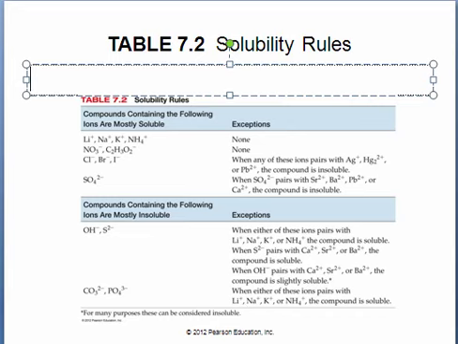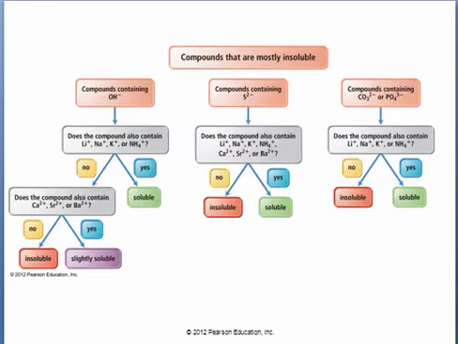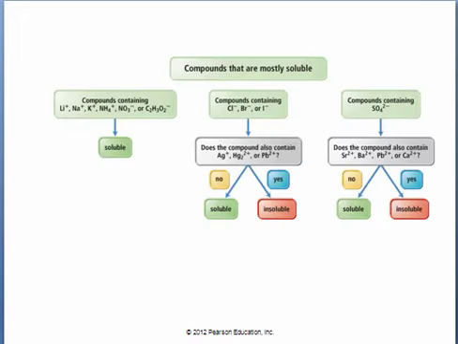So to use this table, you basically are going to be looking at a compound and asking yourself, does the compound contain any of these that have no exceptions? If it contains any of these 6 ions, then it has to be soluble.